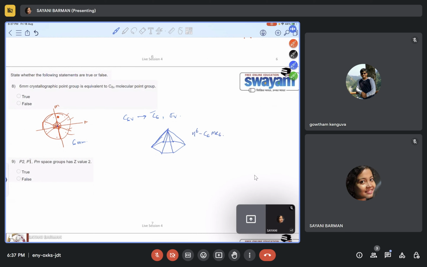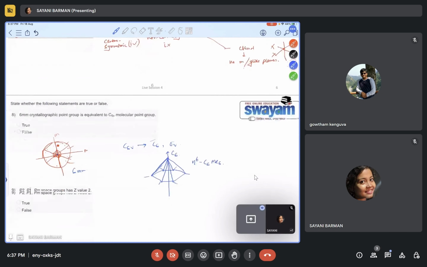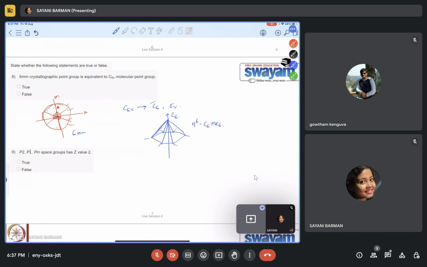Of course, these are methyls, H's are there. So the sixfold rotation axis is here, and there are C2 axes and C3 axes also here.